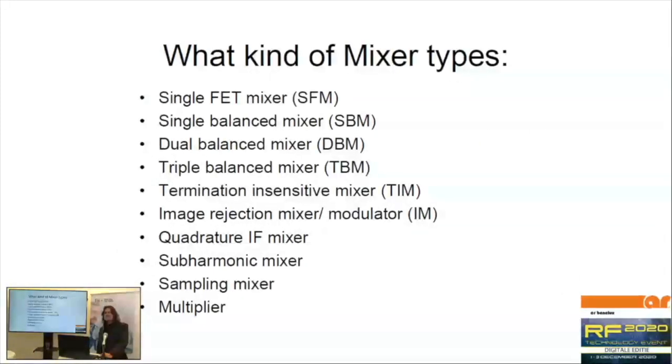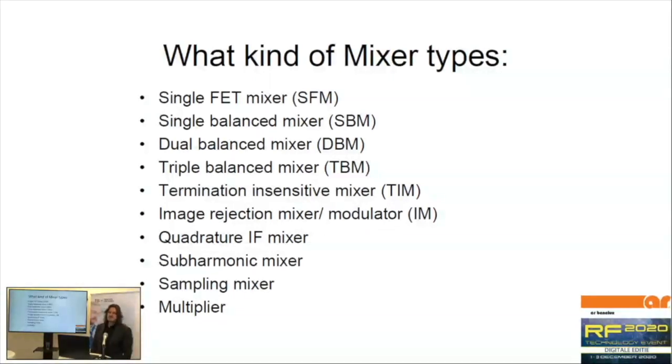So what kinds of mixers are there? A lot, and these are definitely not all. I start with a single FET mixer, SFM, but usually the most simple one is the second one, the single balanced mixer, which uses Schottky diodes, then dual balanced, triple balanced, and termination insensitive mixers.